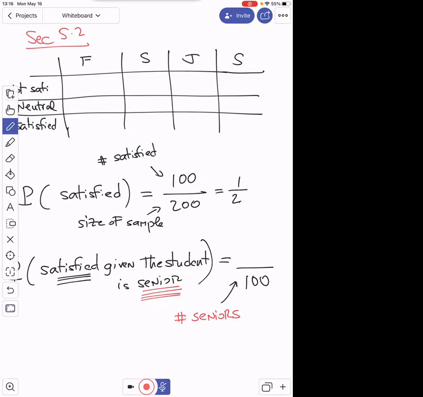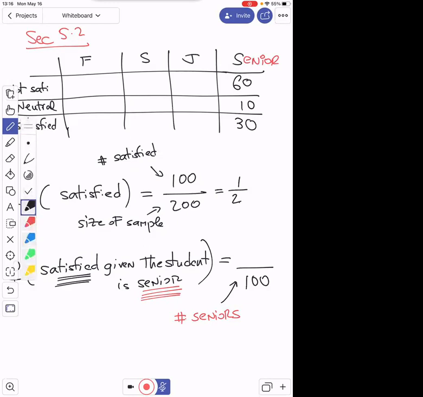Now, satisfied, given that the student is senior. So we need to go to the column where you have the senior students. So here, this is senior, right? So the question is, how many senior students are satisfied? Here you have 60, here neutral is 10, and satisfied seniors, we have 30, right?